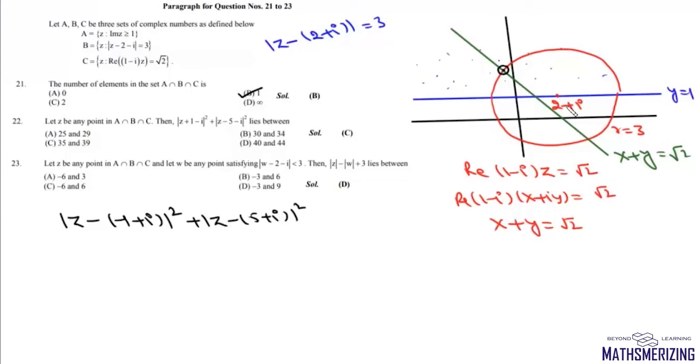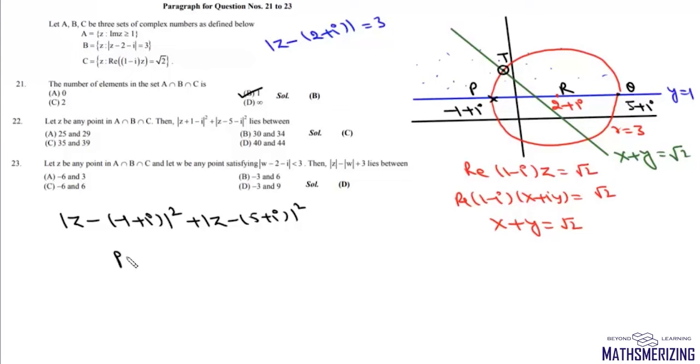Now this is 2 plus iota and radius is 3 units. So this point will be minus 1 plus iota and this other point will be simply 5 plus iota. So this is some point, say P, and this is Q, and let the center be R, and let this point be T.